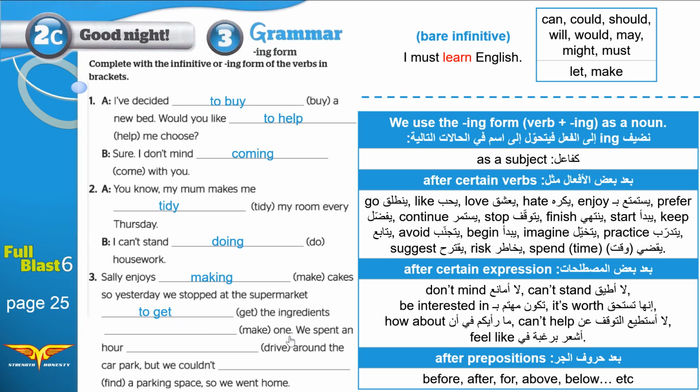Okay, we stopped at the supermarket to get the ingredients, to get bread, milk, the ingredients. Make or to make? Okay, you might think, we have the verb make, we should write make as it is. This is not what I told you.